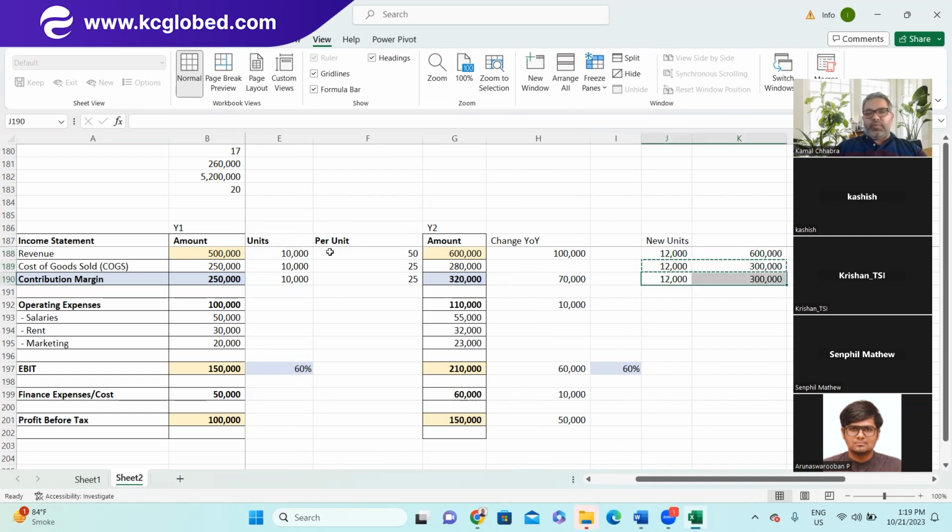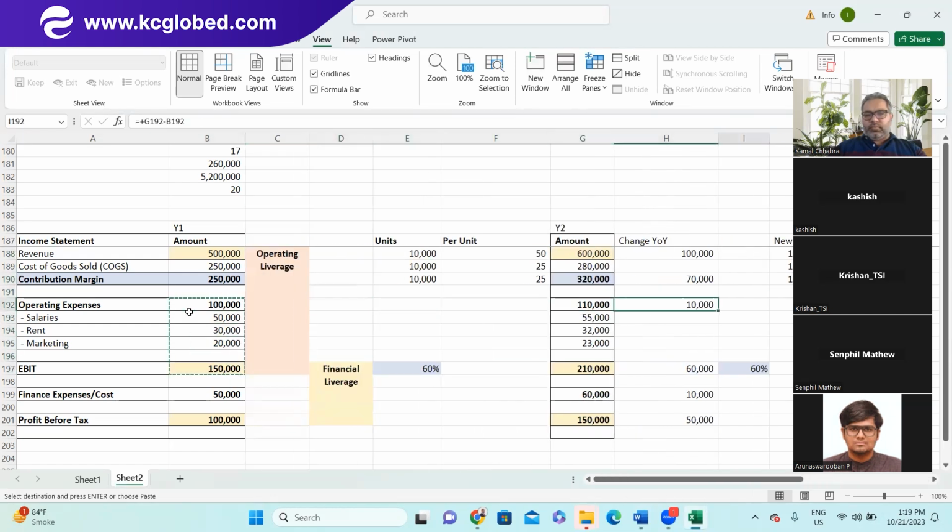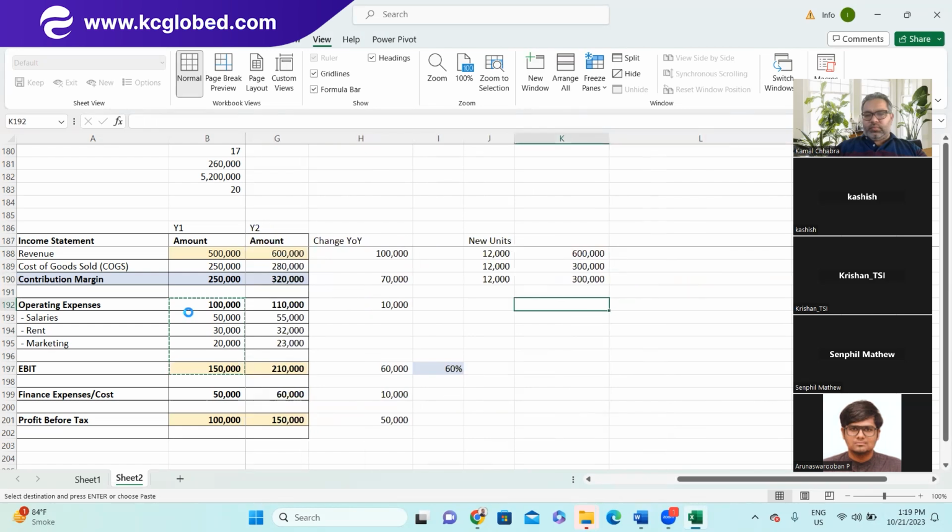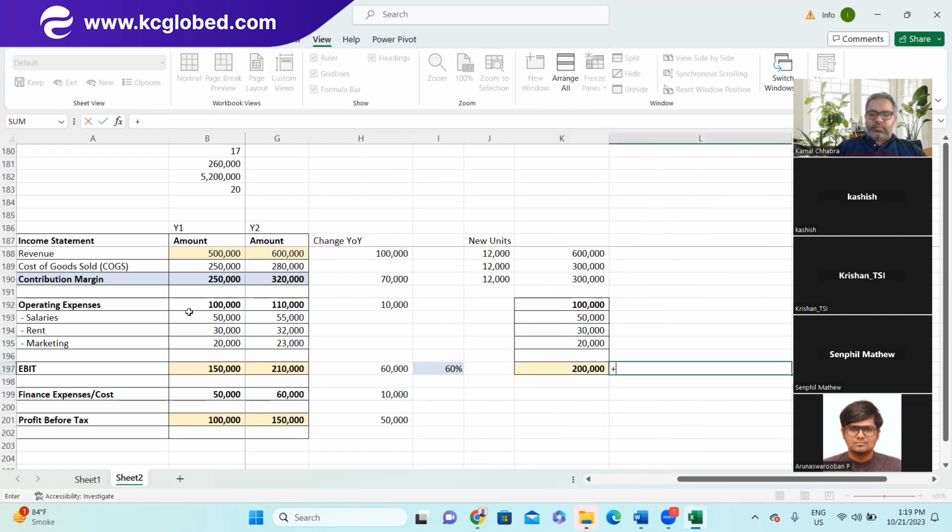And your contribution will change to this, right? And your operating expense is this. What does it show? This divided by your contribution margin is 67%.